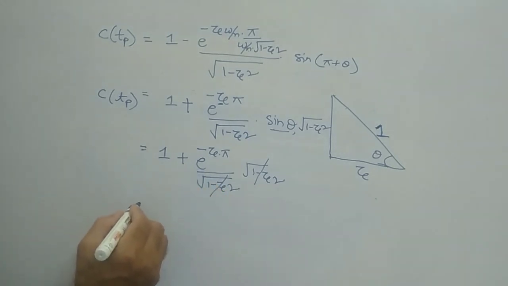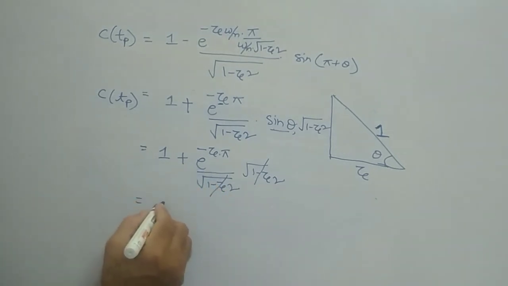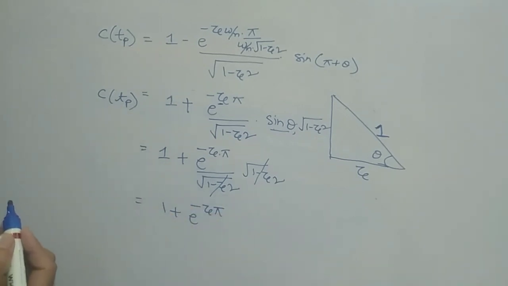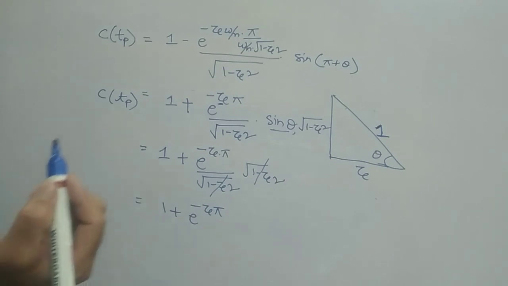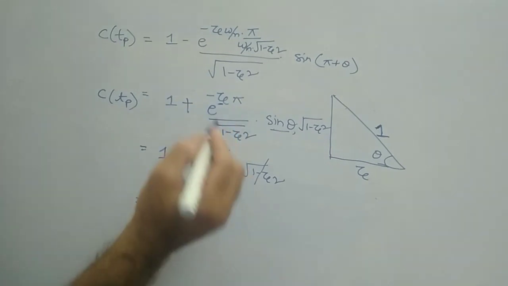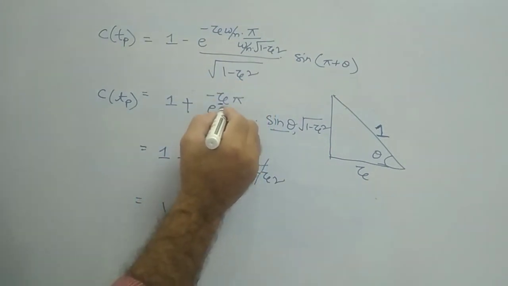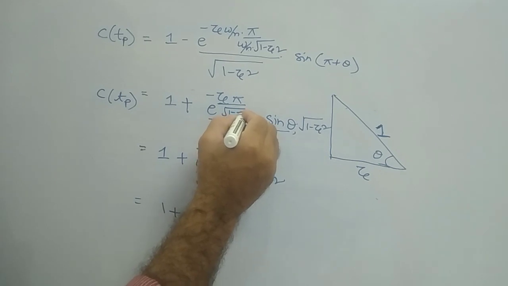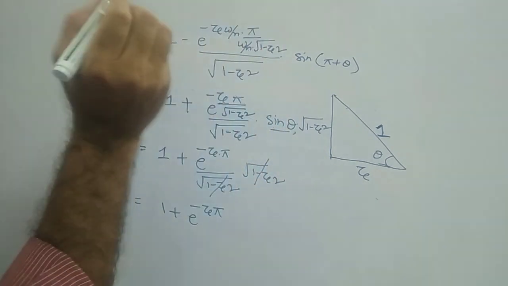Then what remains is 1 plus e power minus zeta pi by square root of 1 minus zeta square.